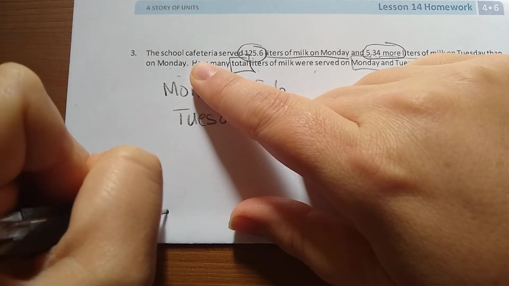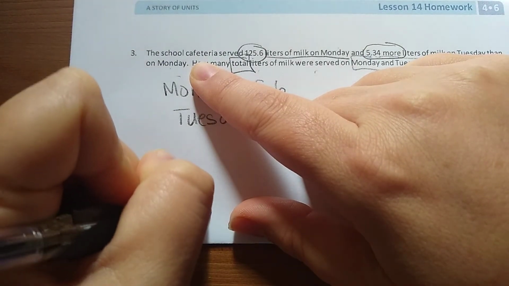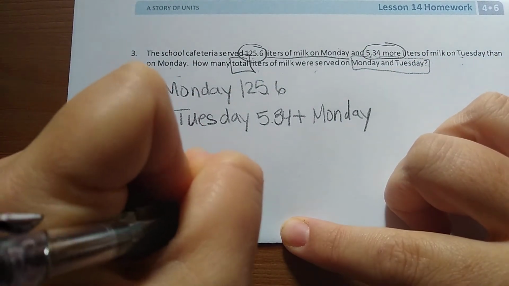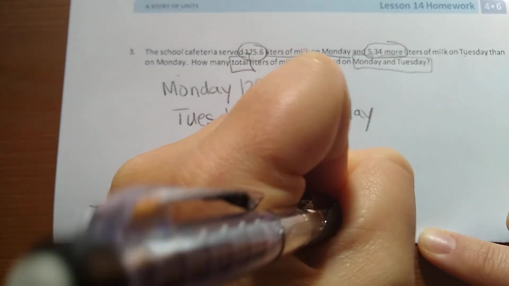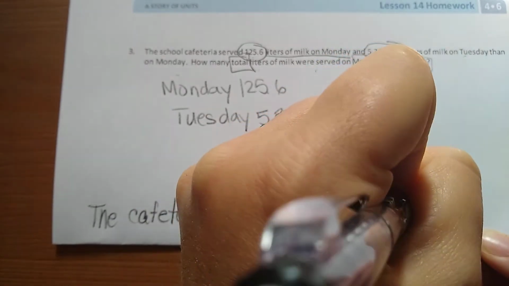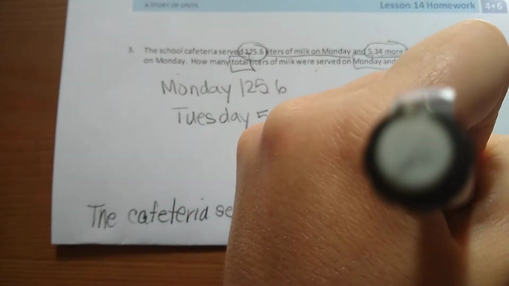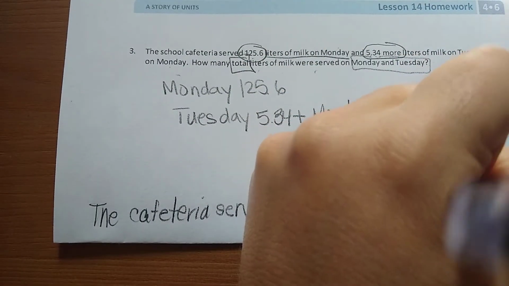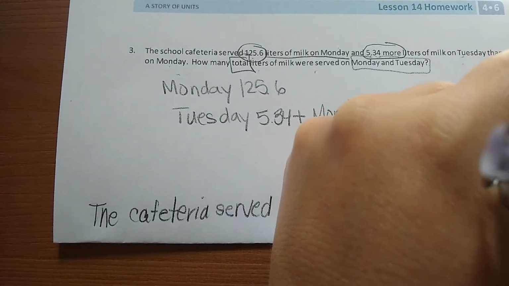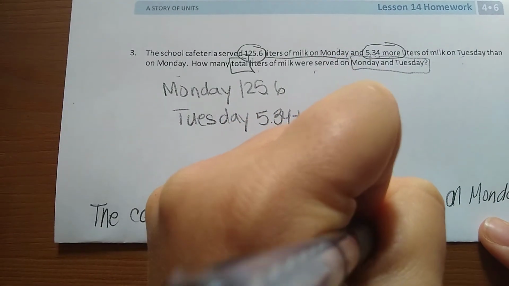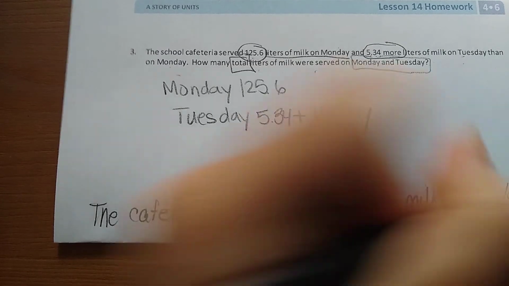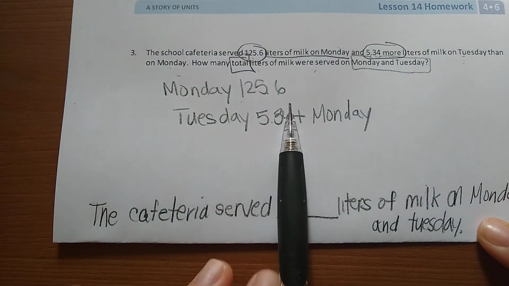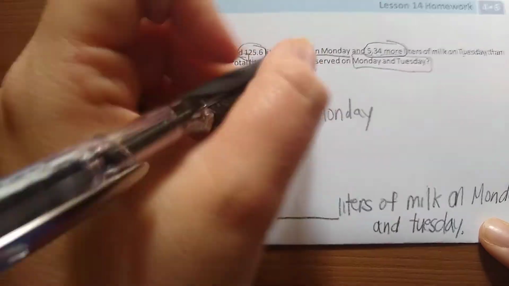Here it is, cafeteria served blank liters of milk on Monday and Tuesday. Okay, so I know that they served 125 and 6/10 on Monday.